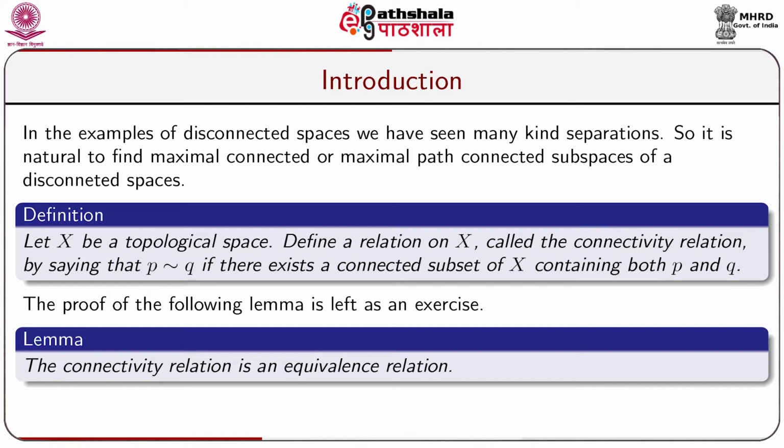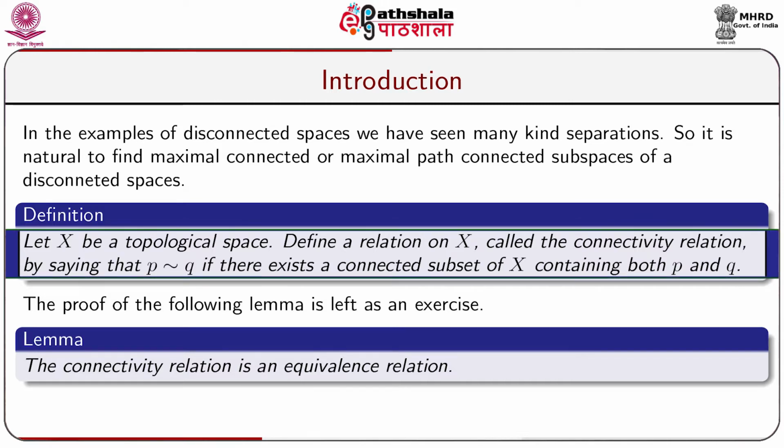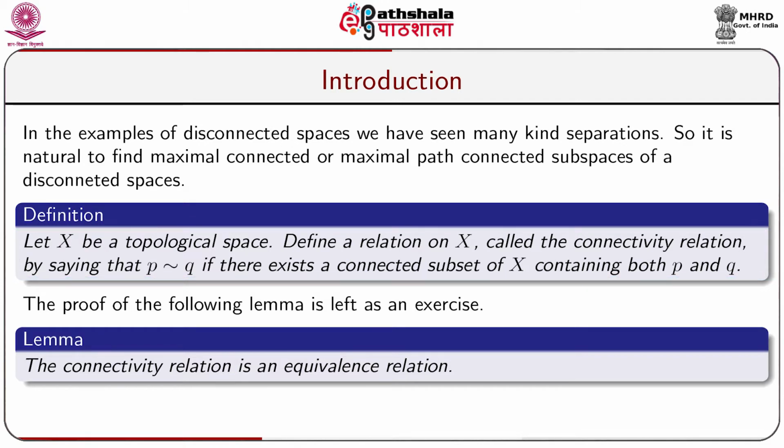Let us start with the following definition. Let X be a topological space. Let us define a relation on X, which we shall call the connectivity relation, by saying that P is related to Q if there exists some connected subset of X containing both P and Q.